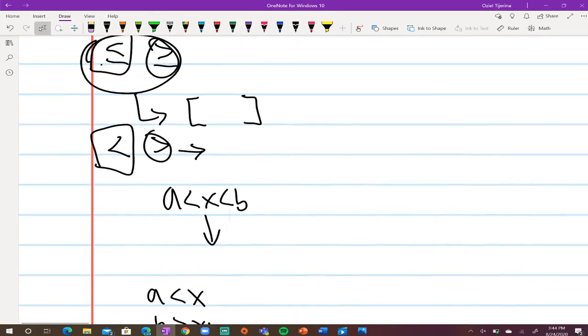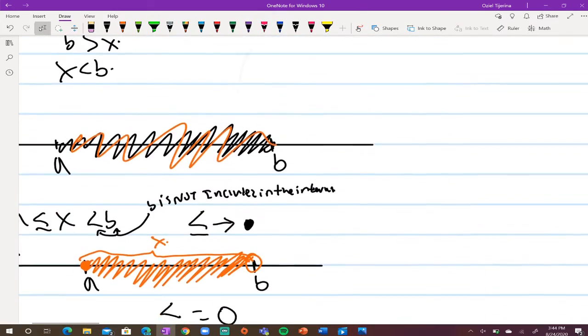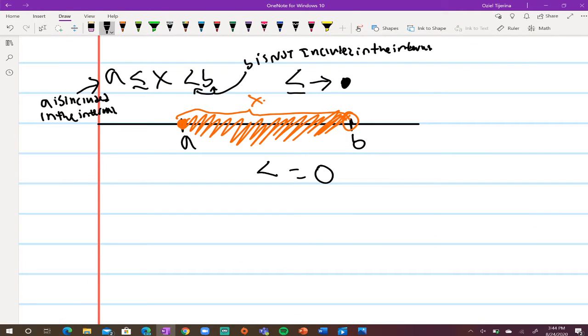Also, to write it in interval notation, this implies a bracket, and this implies a parentheses.